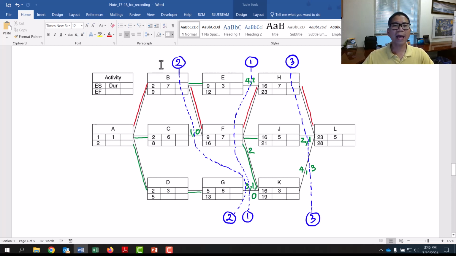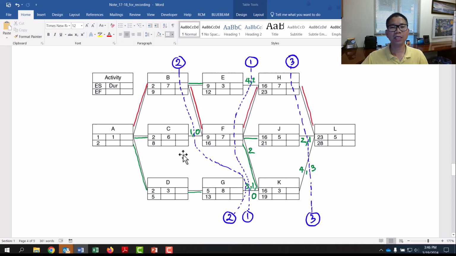So if I try to reduce B and go through C, and then go through the link between E and K, 2 days, and then go through K and L, still 3 days, so it will be feasible.